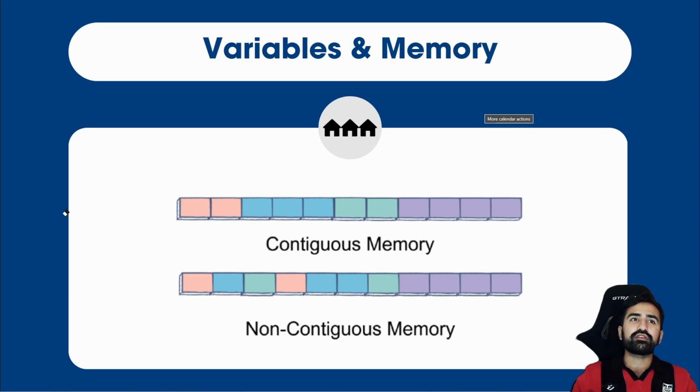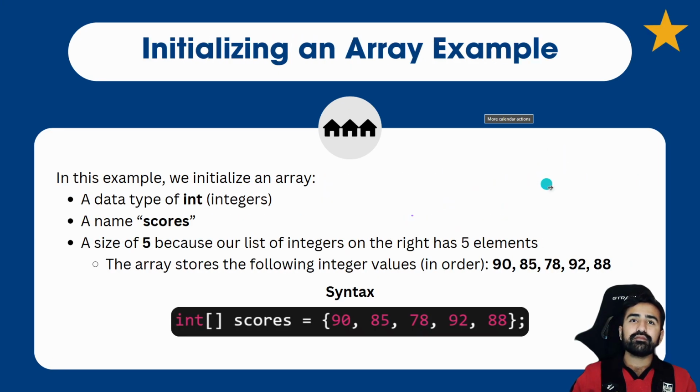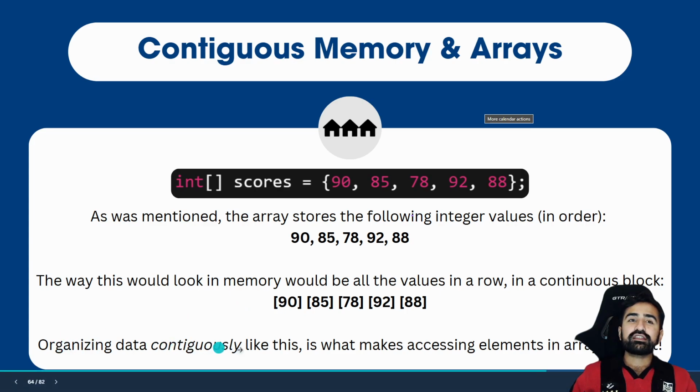Maybe make it purple, just to match. But essentially, arrays store these values continuously in a row, or contiguously. That's a new vocab word. All right, let's go back to where we were. Organizing data contiguously like this is what makes accessing elements in arrays so fast.